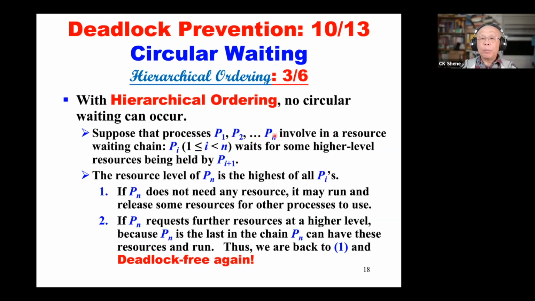Therefore, after Pn is able to get that resource, Pn can run and eventually releases, probably along with some other resources. Then the situation returns to bullet 1. Again, we don't have deadlock. Now, if you have difficulty understanding this, please pause.